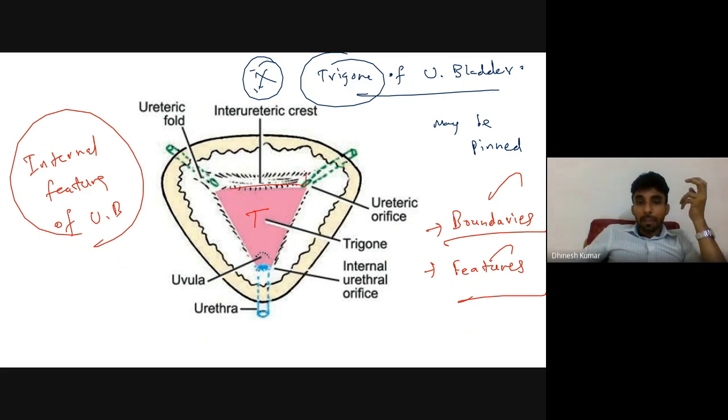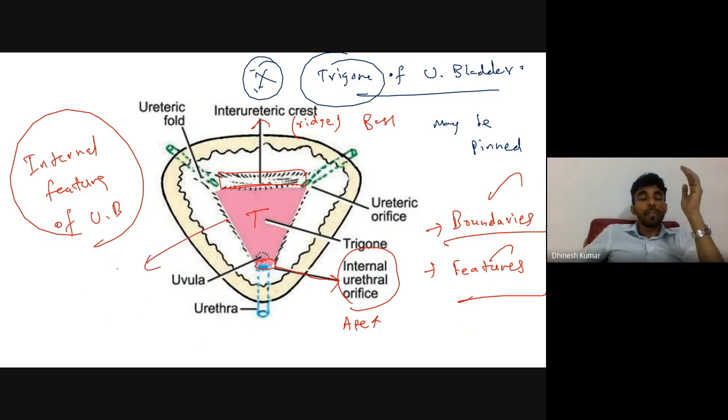So the base of the trigone is formed by interureteric crest, interureteric ridge. The apex of the trigone is formed by internal urethral orifice. Base of trigone, apex of trigone, and the lateral boundaries of trigone will be formed by uretero-urethral ridges, as you see here.